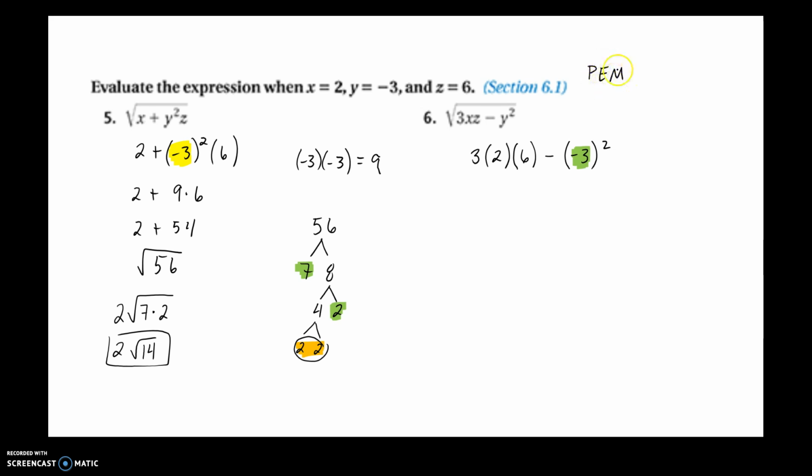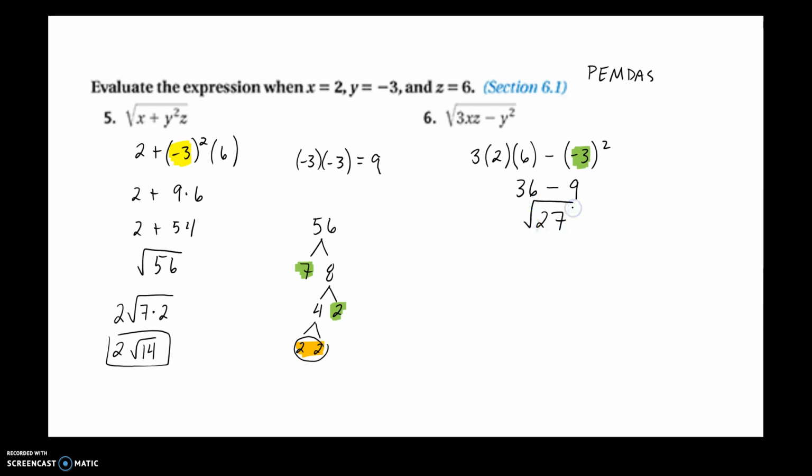Exponents come before multiplication. Okay, so that's going to be a minus 9 on the end, because negative 3 squared is 9. And then I subtract, and that should have been exponents before subtraction. 6 times 2 is 12. 12 times 3 is 36. Okay, so 36 minus 9 would give me 27.